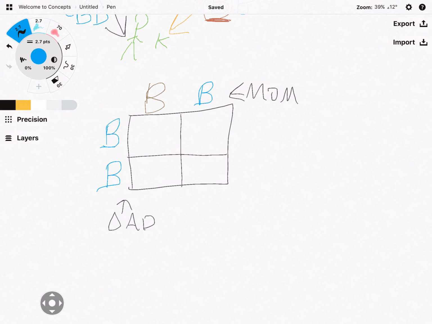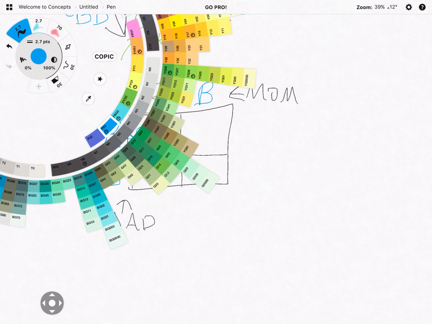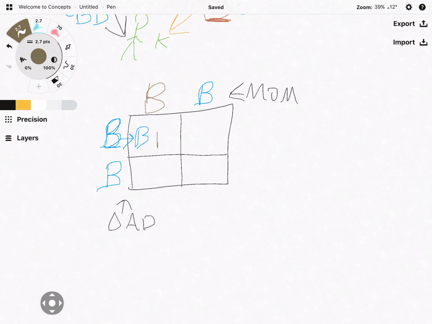Let's say that the dad gives his blue here, and the mom gives her brown. Well, they got a brown from the mom and a blue from the dad.